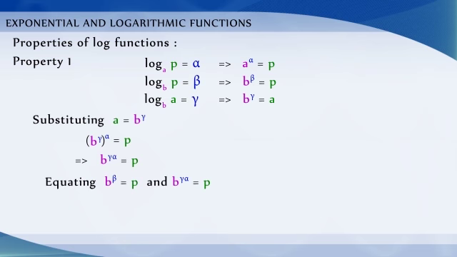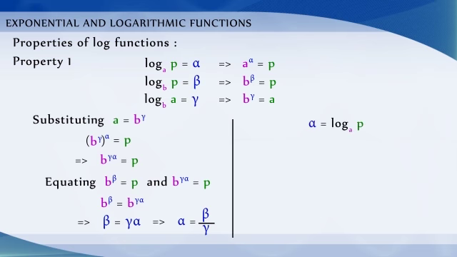Now, equating b to the power beta is equal to p and b raised to the power of gamma into alpha is equal to p, we get b raised to the power of beta is equal to b raised to the power of gamma into alpha. As the bases are equal, we can equate the powers. That is, beta is equal to gamma into alpha, or alpha is equal to beta divided by gamma.